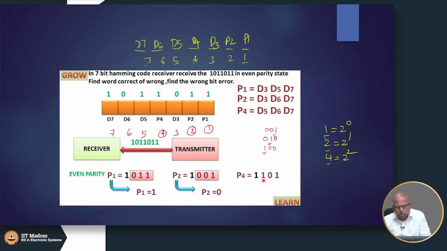Suppose the data that we have to store is 1100, and let us say we are using even parity.